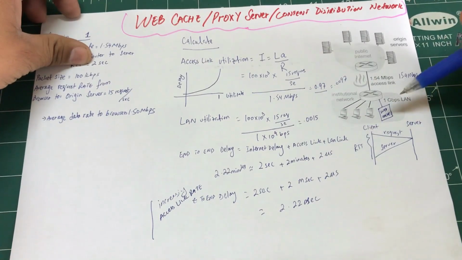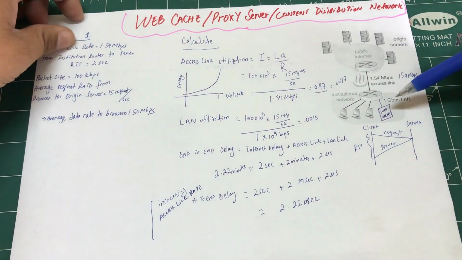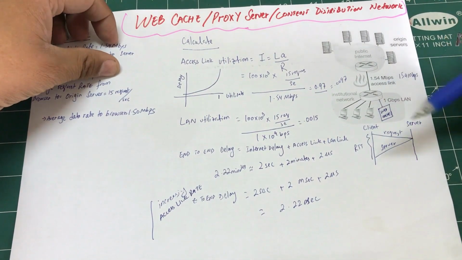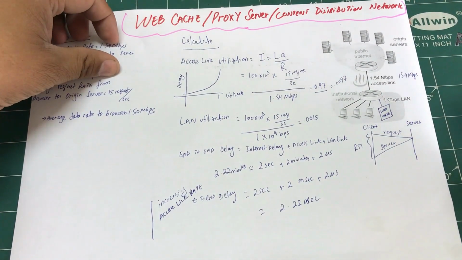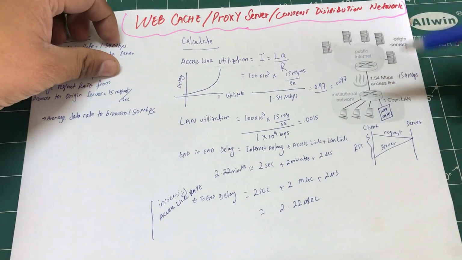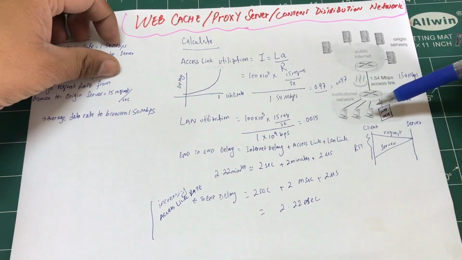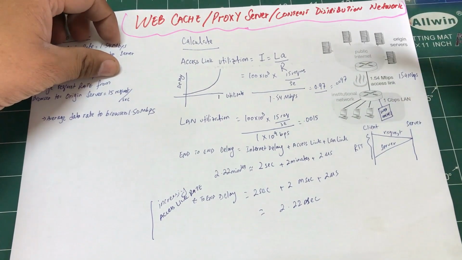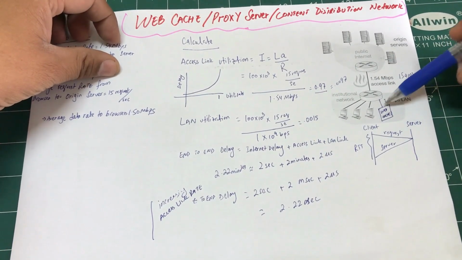So what is the concept of web cache? Let's say in an institution, some website or web page is being requested frequently. So I make a copy of that page onto my local network.